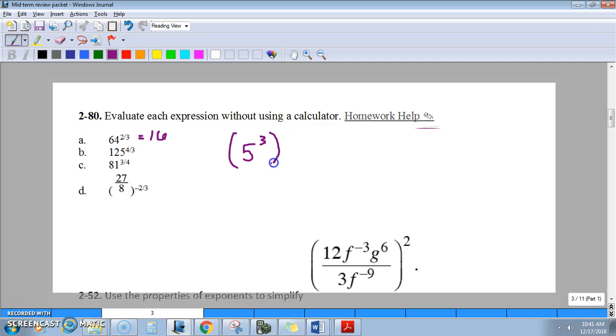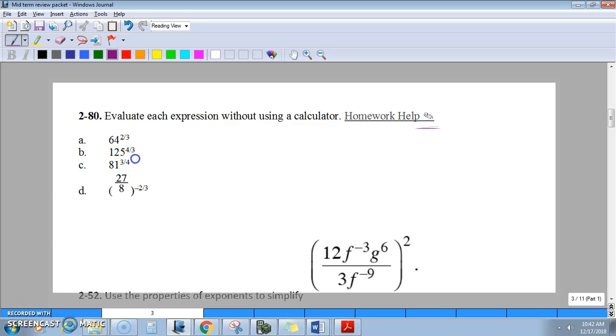And if I take 5 cubed to the 4/3 power, then my 3's cancel, and I just have 5 to the 4th power, which is 125 times 5, 625? 625? All right, and let's see. Of course, it says without using your calculator. You could always check with your calculator. On the SAT, if you are able to use your calculator on that section, please do.